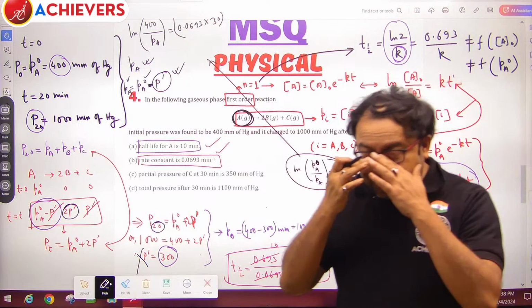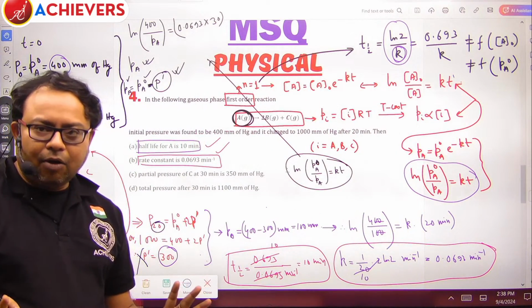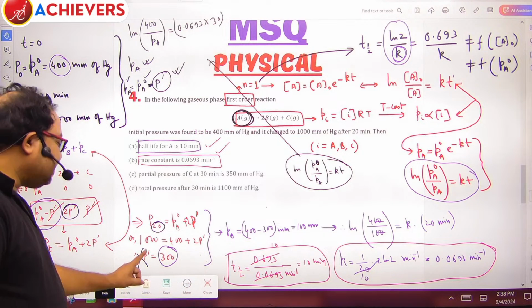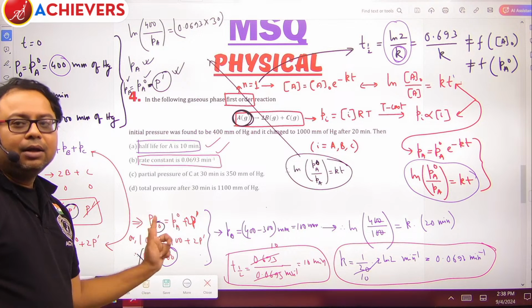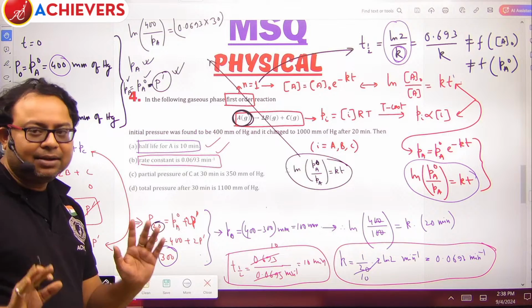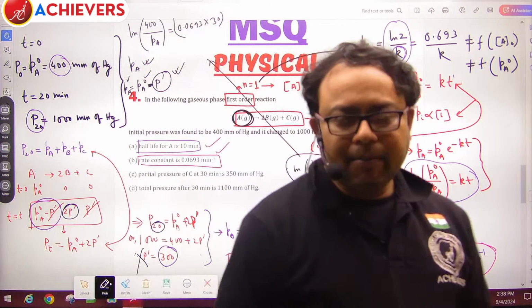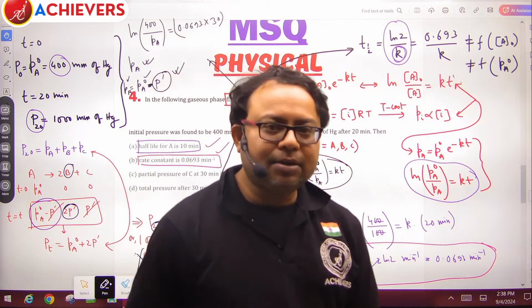Once again, this P dash cannot be used because it was found out at 20 minutes. So you have to find out the value of P dash at 30 minutes, because we know that B is 2P dash.